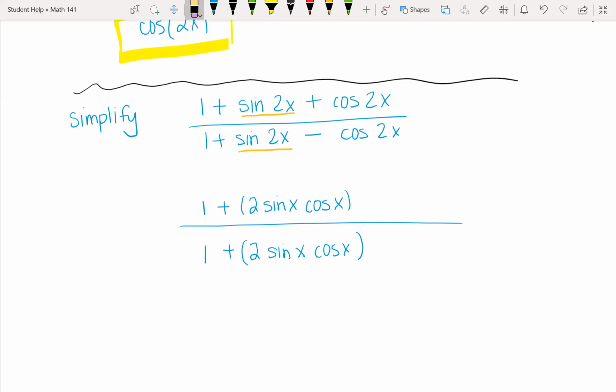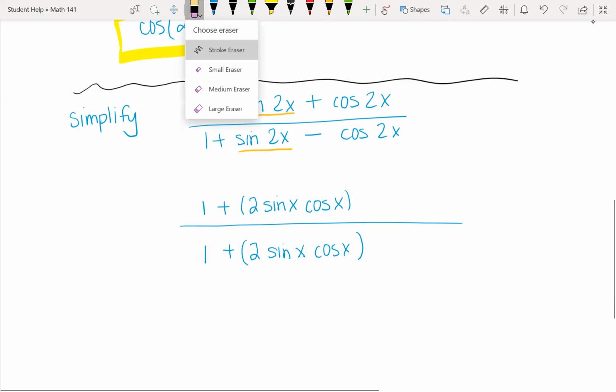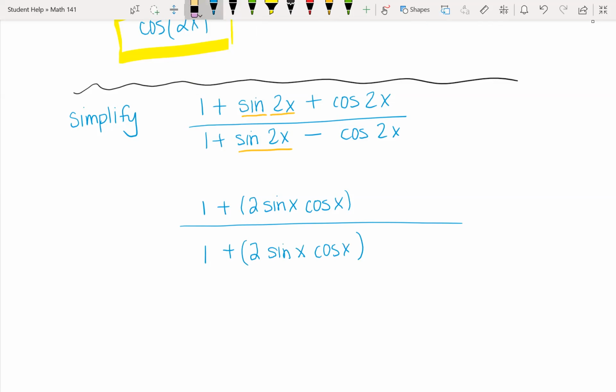Continuing, the next part, I'll use a double angle formula again. This will be plus. I want some things to cancel, and so I've kind of worked ahead and looked at some things that would work out better.